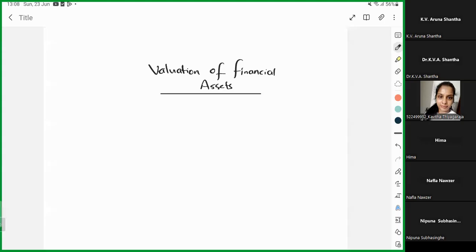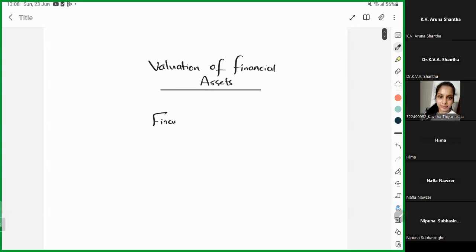In our stock market, mainly stocks are traded. Stock means shares. Shares of companies are traded. So shares are one type of financial asset. Financial assets are traded in financial markets.